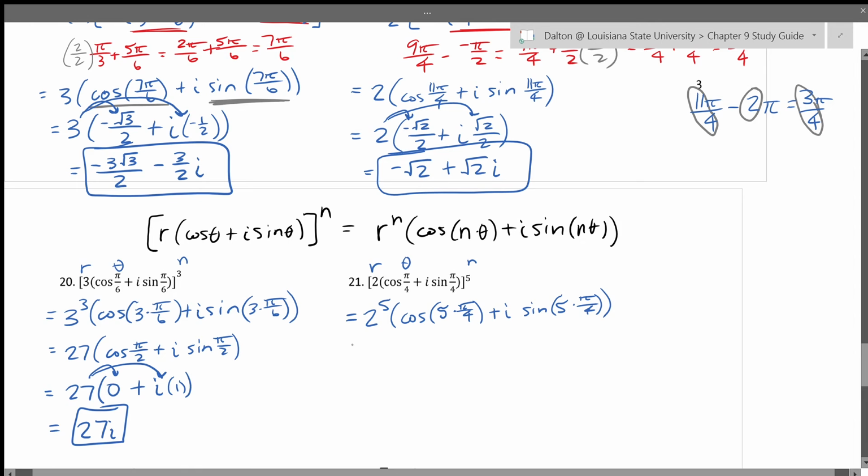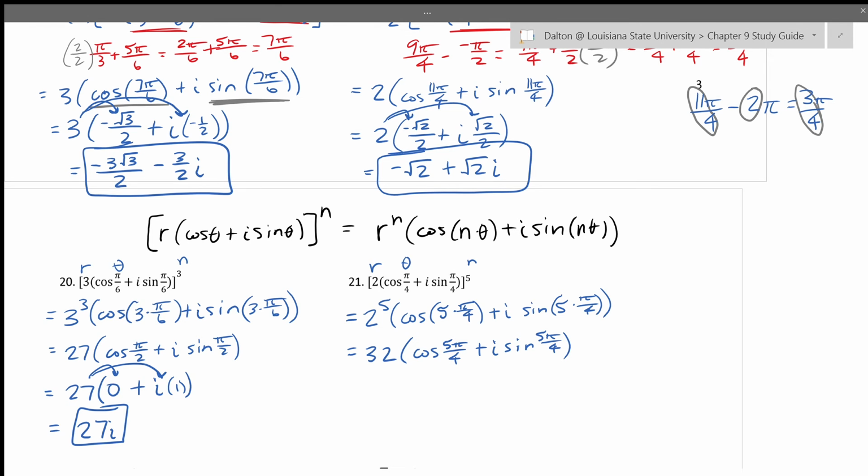And then we just need to keep reducing. 2 to the 5th power is 32 times the cosine of 5 times pi over 4. It can't be simplified or anything, so it's literally just going to be 5 pi over 4 plus i times the sine of 5 pi over 4. So that's as much simplifying as we can do so far until we bring in the unit circle.